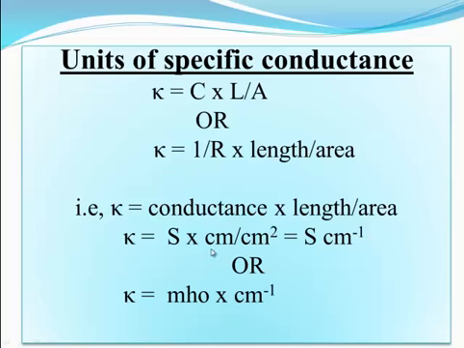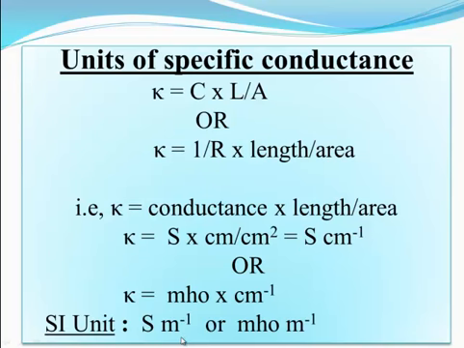And if we take the length in meters and area of cross section in meter square, then obviously we can also write the unit as Siemens per meter, which will be the SI unit of conductivity. We can always replace Siemens with mho. The SI unit is obviously Siemens per meter.